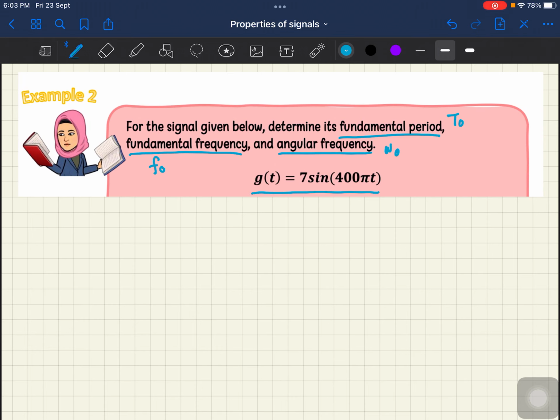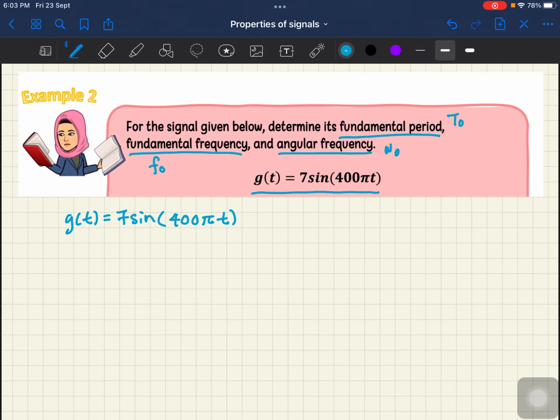The first step to solve this problem is to write back this equation. We have g(t) equals 7 sine 400 pi t. Next we also want to write the general equation of the sine function.